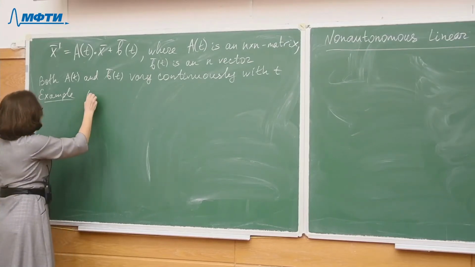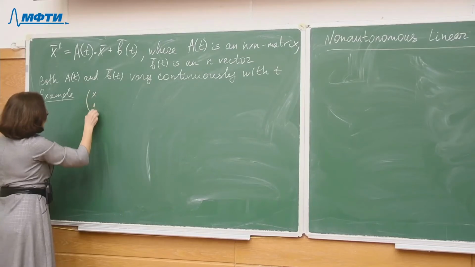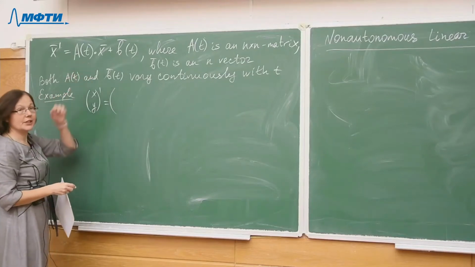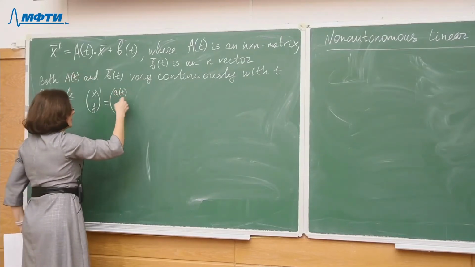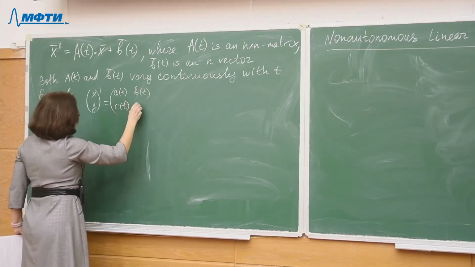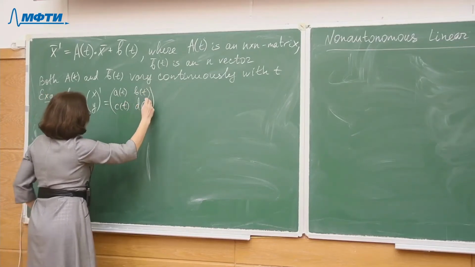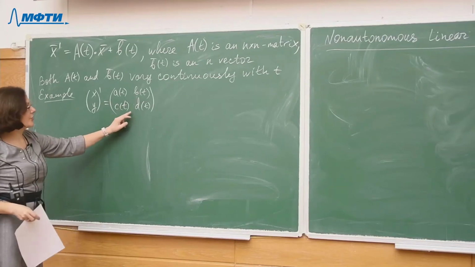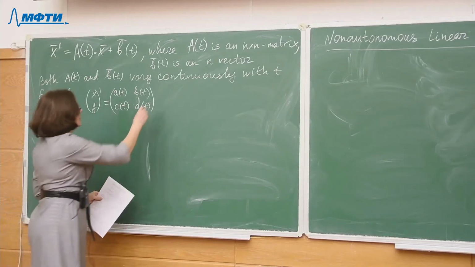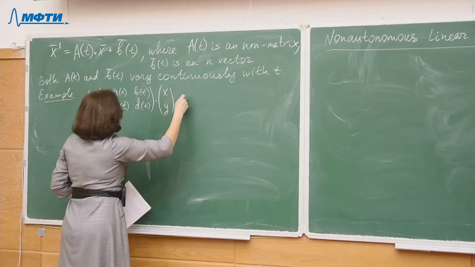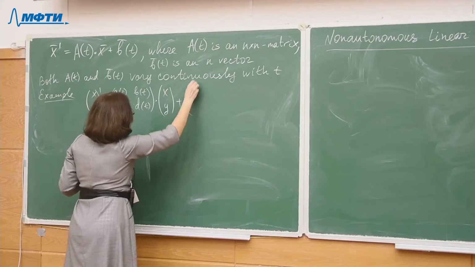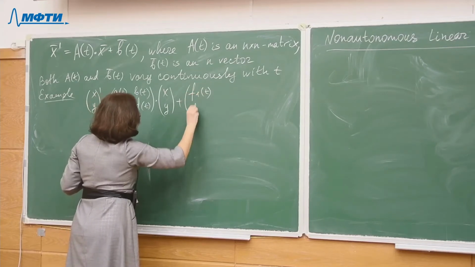In dimension 2, it will look like this: x and y prime equals the matrix A of t, and these are the entries of our matrix: A of t, B of t, C of t, and D of t are 4 functions for a 2 by 2 matrix, multiplied by x and y plus some vector, let it be f1 of t, f2 of t.